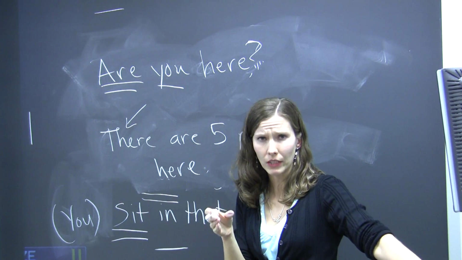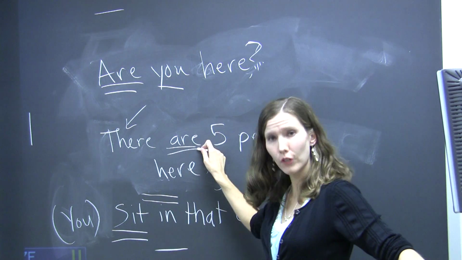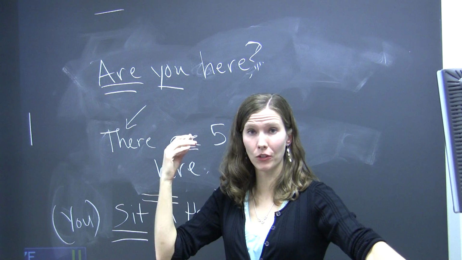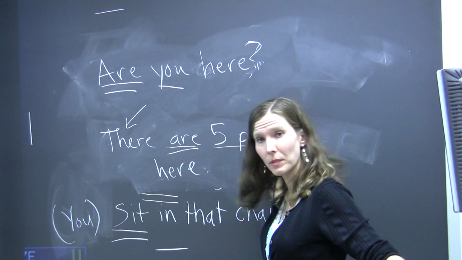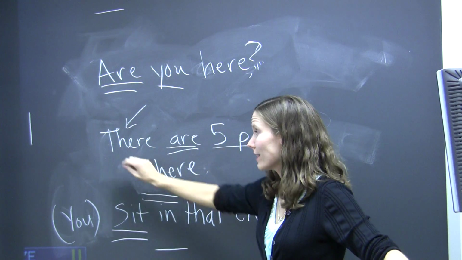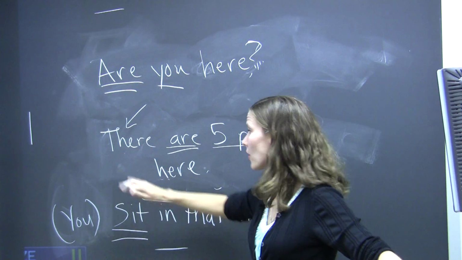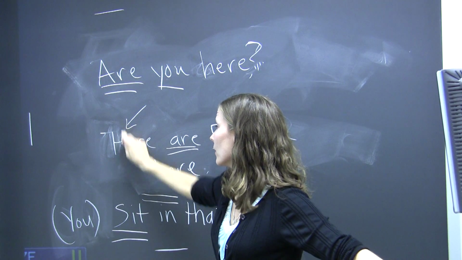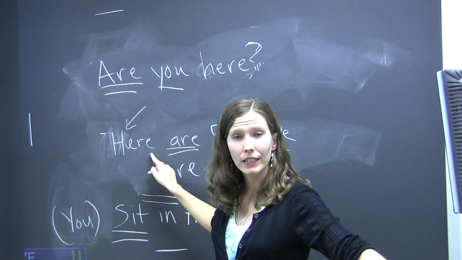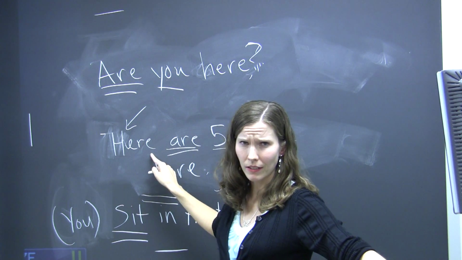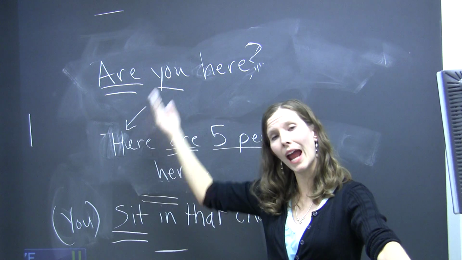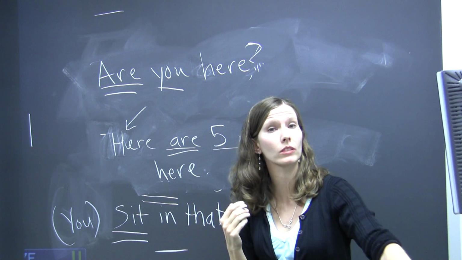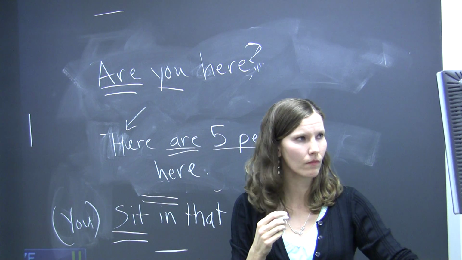It's just a placeholder. Are is the verb, and the subject comes after the verb. In this case, it's 5 people. So when you have a sentence that starts with there or that starts with here, those two words, here and there, can never be the subject of the sentence. So you have to find the verb, look after the verb to figure out the actual subject of that sentence.